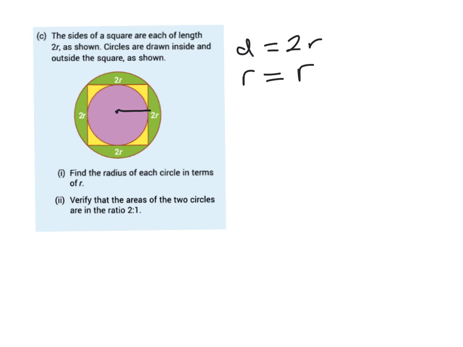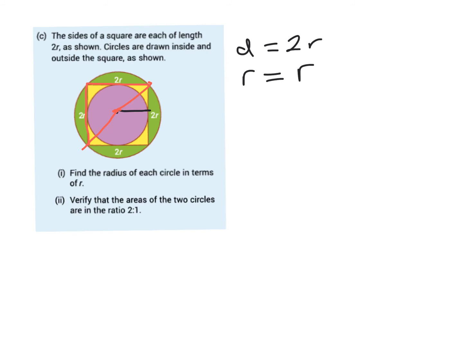What I need to look at now is that if I want the radius of the outside circle, I will need to get from here out to here. Okay, so if I go from there out to there, then what I see is if I went across here, that would give me the diameter, and I can actually use my square, because I could use Pythagoras' theorem to find out what the diameter is, in this case the hypotenuse.